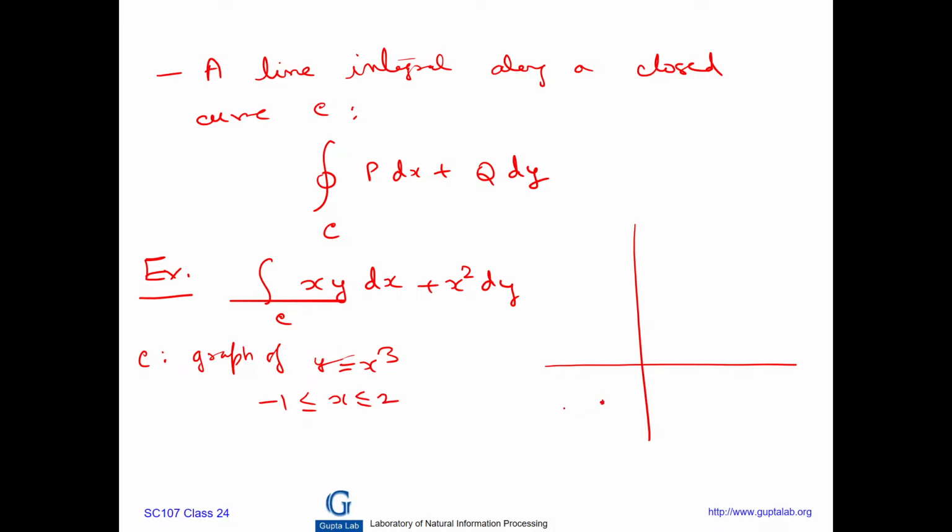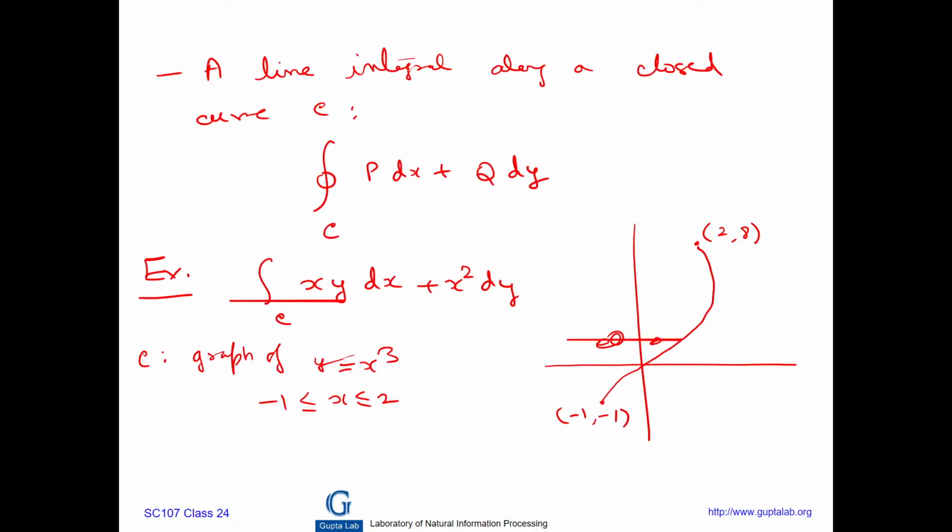So somewhere here there is a point (-1, -1), and somewhere there is a point (2, 8). I am not very good at drawing pictures, so forget about that. This is our curve C, y equals x cube, starting from this point and going up to 8.